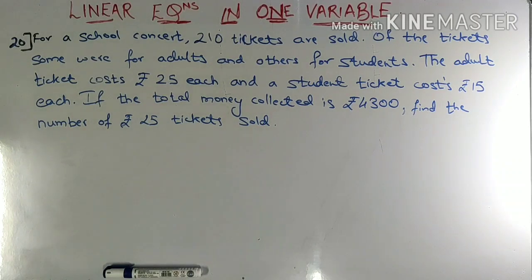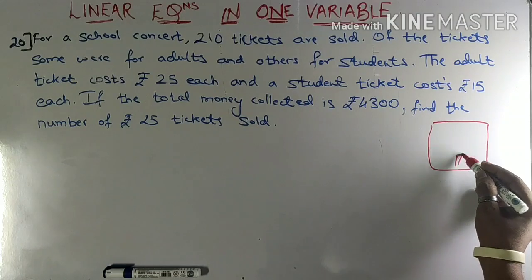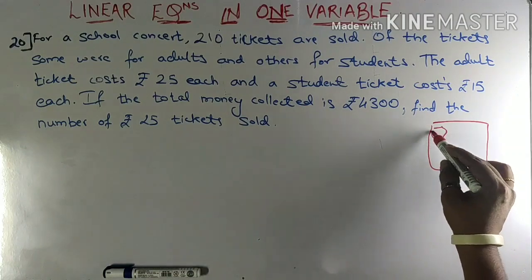So for a school concert, 210 tickets were sold. Of the tickets, some were for adults and others for students. So the tickets were only for adults and students. So assume that you have a concert in your school building or in your school annual play or whatever.